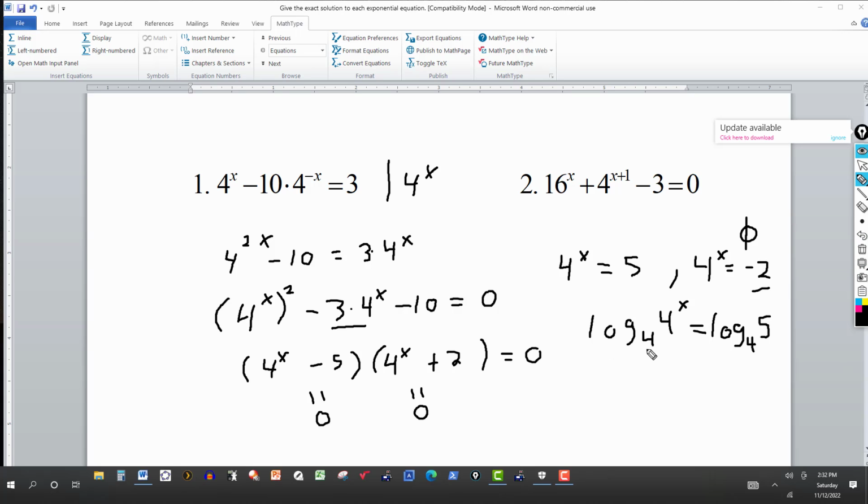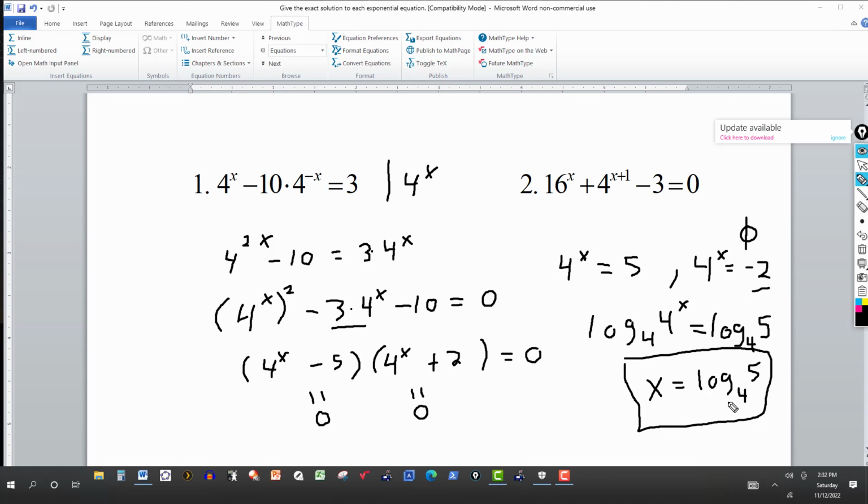Now the reason I selected base 4 here is because it simplifies easier. Notice the log of 4 to the x to base 4 is simply asking: 4 to what power gives me 4 to the x? Well, that's just x. So the left side simplifies to x, and the right side stays log of 5 to base 4. It wants the exact answer, so this is an exact answer.